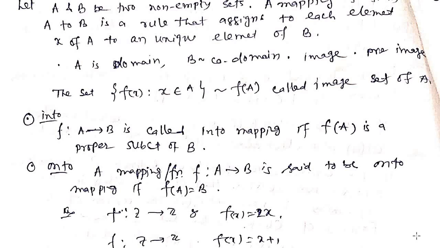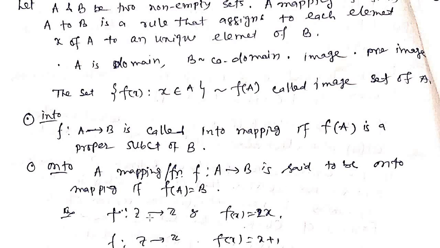In other words, for every element in B there exists a pre-image. So by the mapping F, every element of B is mapped from some element of A.